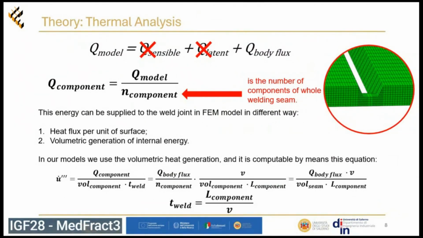During an analysis using a FEM model, the energy can be supplied in two different ways. The first way is using a heat flux per unit of surface, or, as in our case, using a volumetric generation of internal energy.